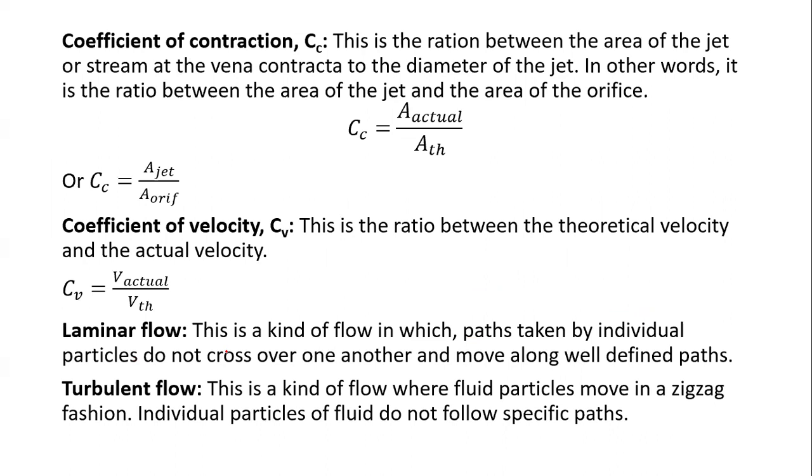Coefficient of contraction, we're saying this is the area of a jet. We're referring to a jet, something that may come to mind easily. Here is a tank with an opening on the side.